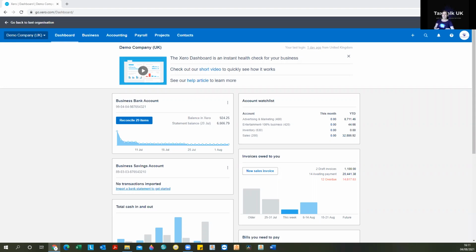So popping over then into the actual software, one of the main areas of confusion that I see a lot that creates errors is the lack of understanding between whether you're matching something in your direct bank feed or you're categorizing.